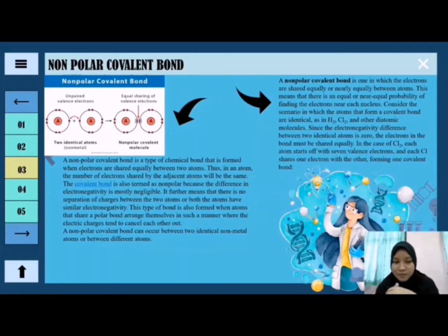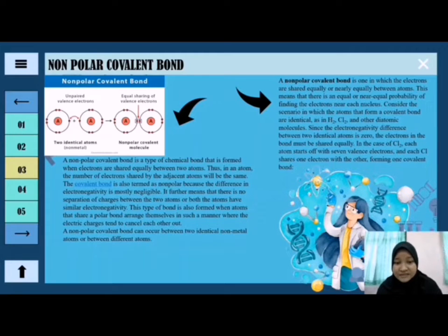forming one covalent bond. A non-polar covalent bond is a type of chemical bond that is formed when electrons are shared equally between two atoms. Thus, the number of electrons shared by the adjacent atoms will be the same. The covalent bond is also termed non-polar because the difference in electronegativity is mostly negligible.